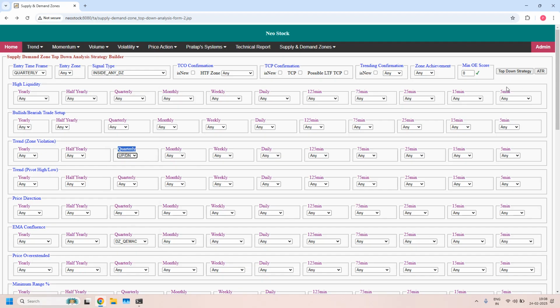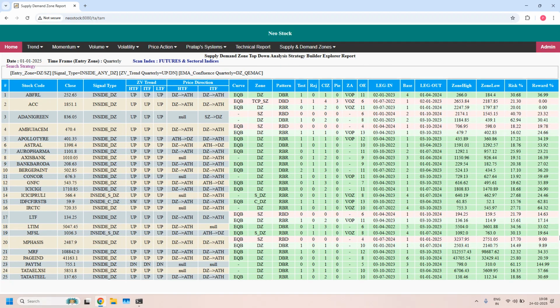It can be up or down. Now the list has come down to 25. All these 25 quarterly demand zones are having quarterly EMA Confluence, and also current price closed inside these quarterly demand zones.